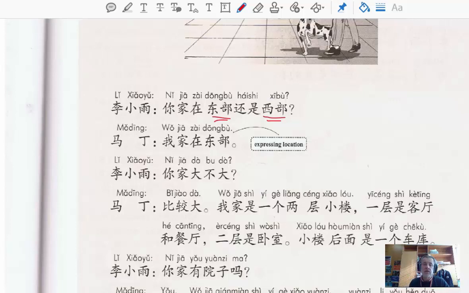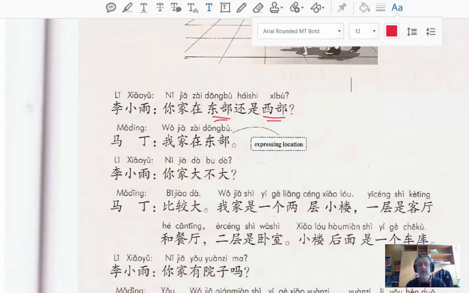There is the expression 东方 and 西方, but they have a different meaning in Chinese. So we've got 东方, okay, and we have 西方, and what they equate to is the East and the West. And you notice that I put the East and West in capital letters.